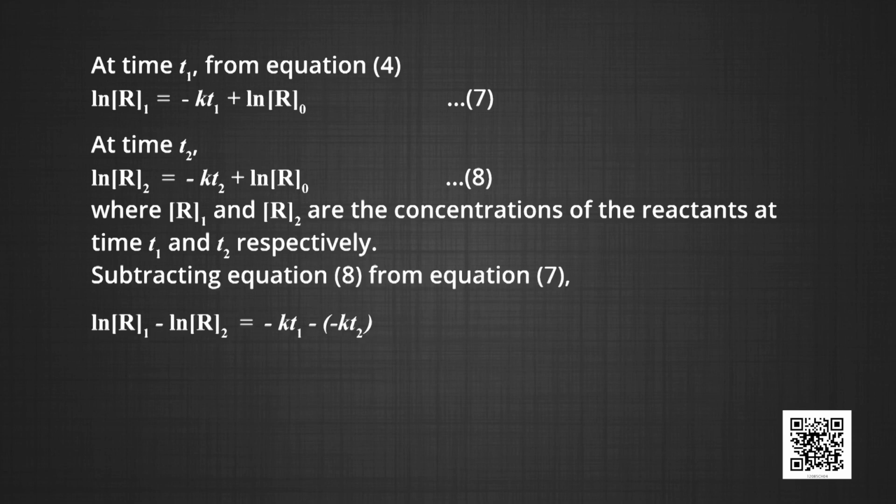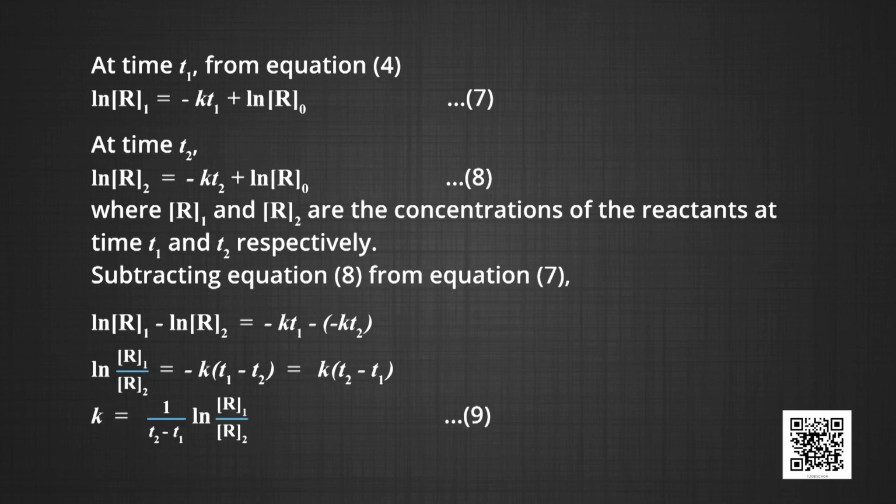Subtracting equation 8 from equation 7, we get ln [R]1 minus ln [R]2 equals minus kt1 minus kt2. Now, on rearranging, the expression becomes ln [R]1/[R]2 equals minus k(t1 minus t2). It will come out to be k(t2 minus t1). Now, the expression for k will be 1/(t2 minus t1) ln [R]1/[R]2. Now, this is equation 9.